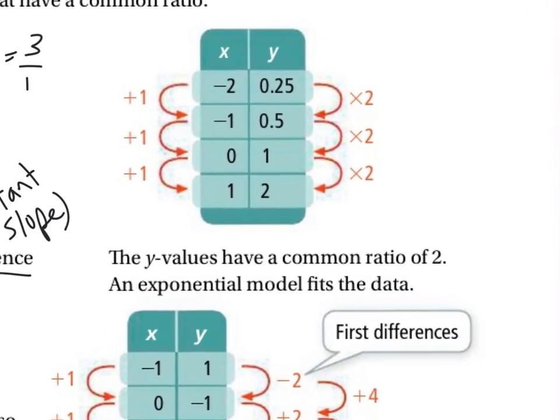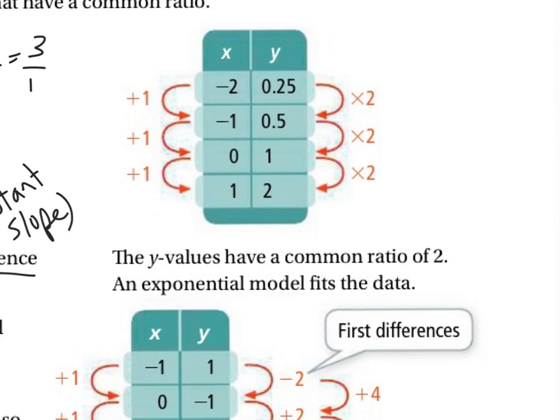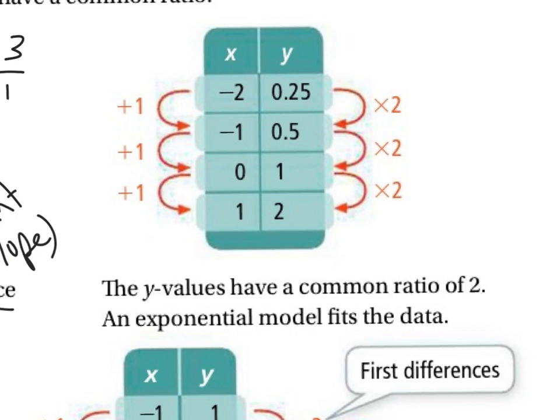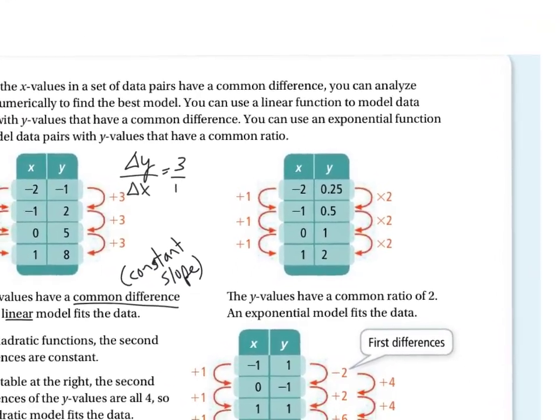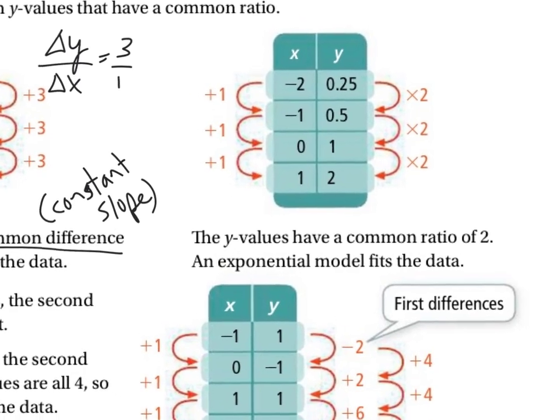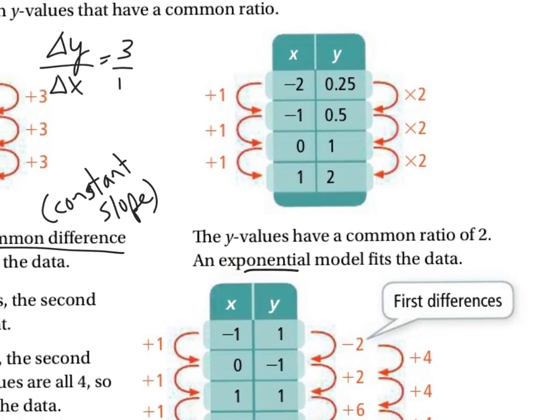In the second example, x is increased by 1 each time. The y values are doubling each time. So since they're doubling each time, this is going to be exponential.